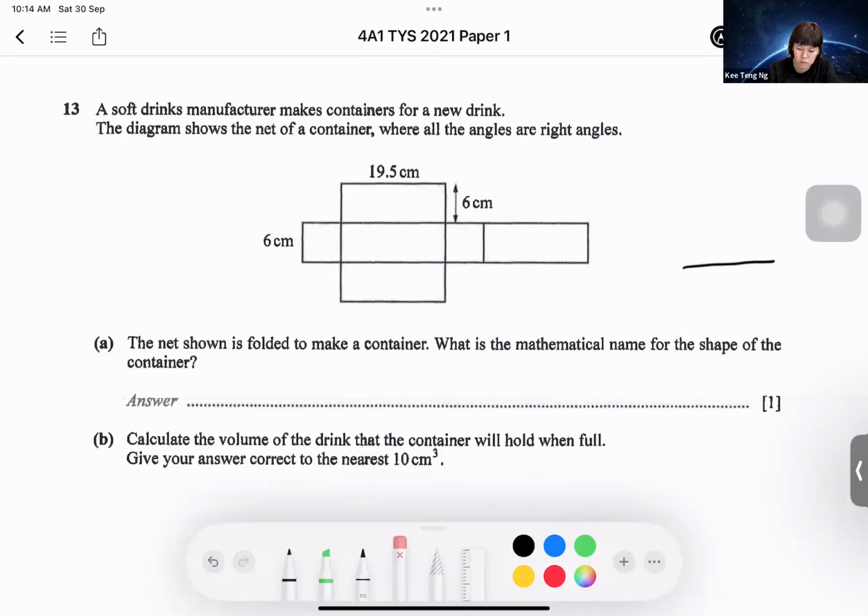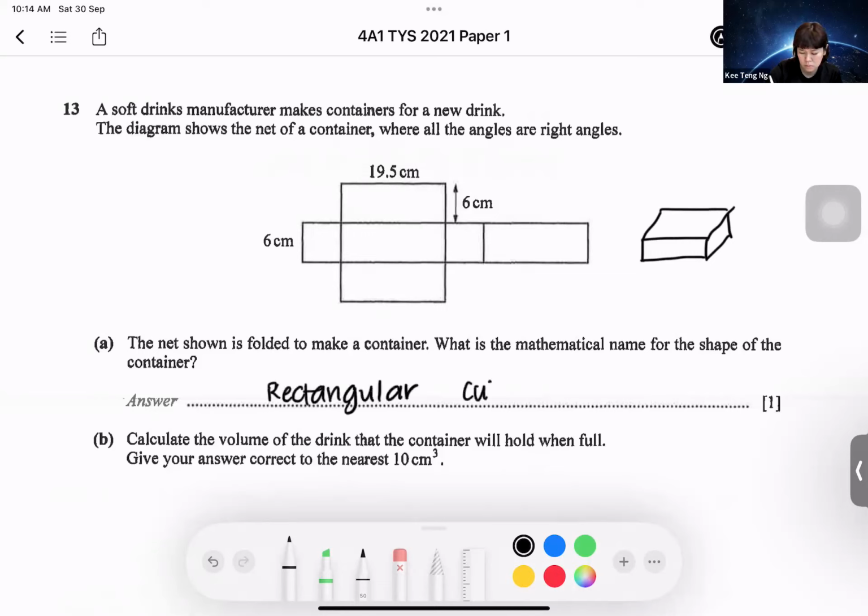It will look like a rectangular shape. So this is actually a rectangular cuboid, or sometimes you can write a rectangular prism, but it's just a cuboid.